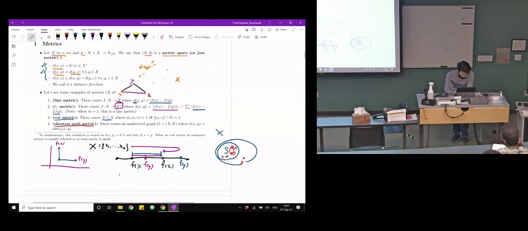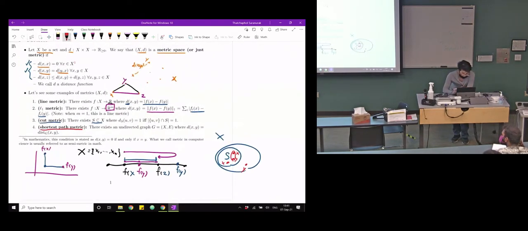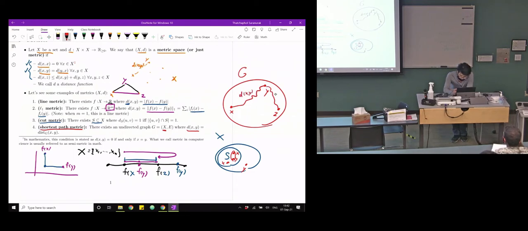Here, I will say that the metric is the shortest path metric if, suppose you have a graph, and the nodes of the graph are the set X. Then if I have two nodes X and Y, the distance between X and Y is just the distance in the graph, the length of the shortest path in the graph. And here we have X, Y, and Y, Z.